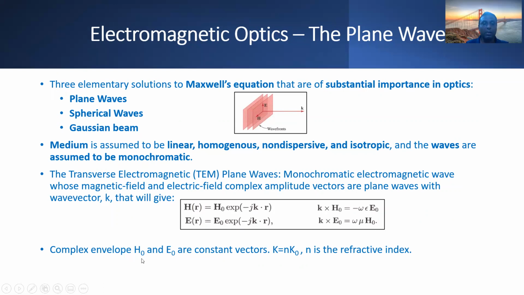The complex envelopes H naught and E naught are constant vectors, and k is equal to n multiplied by k naught. n refers to the refractive index.